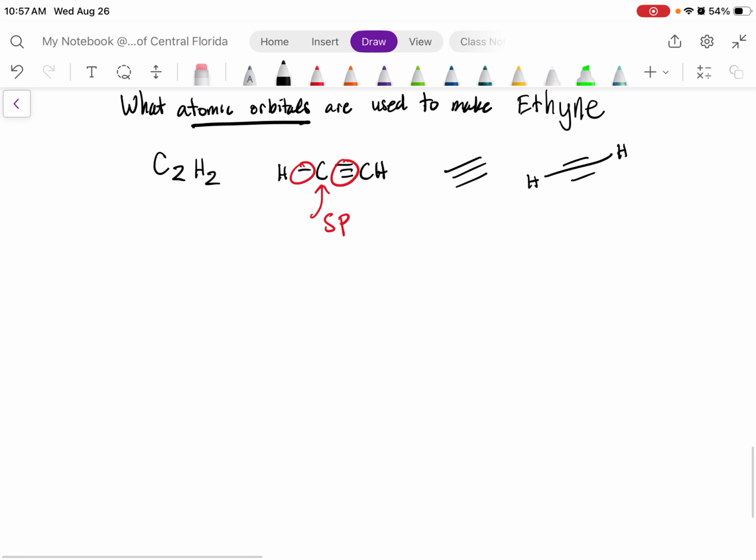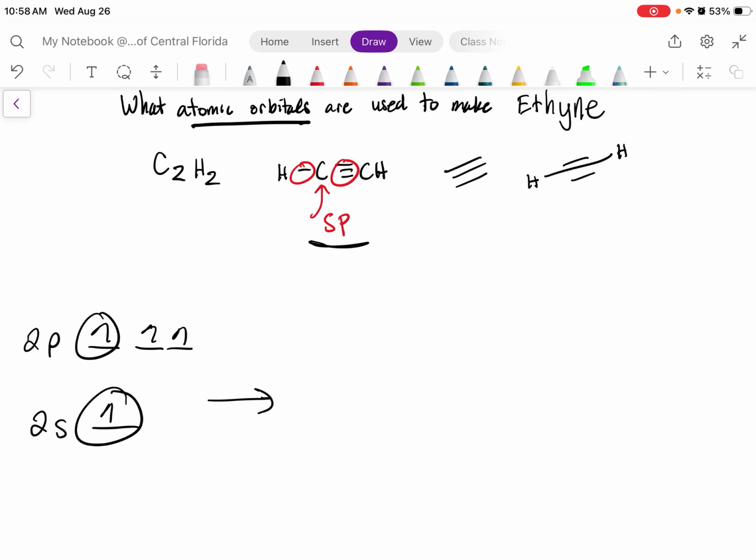So what we have going on here is an sp hybridized carbon is going to have, if we go back to the ground state, our 2s and 2p, like this. We're going to hybridize it. How many degenerate orbitals are we going to have? Well, what does sp mean? We're going to take one s and one p, and we're going to make those 2 degenerate.